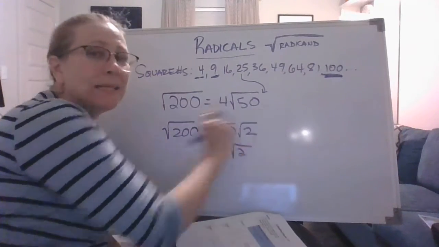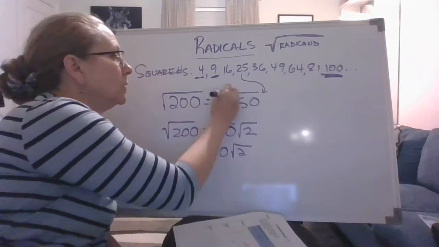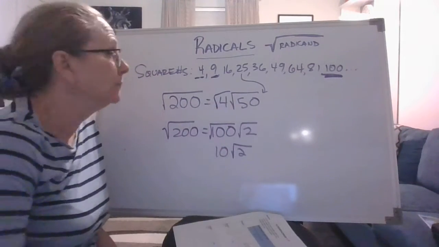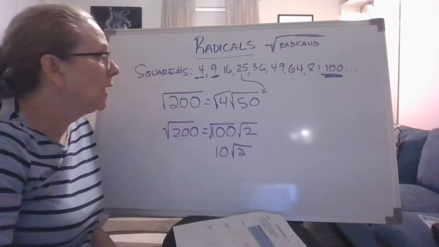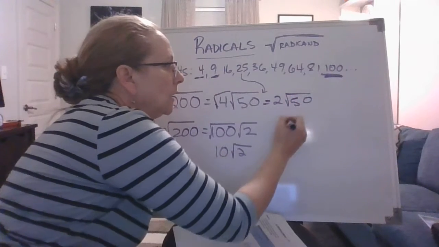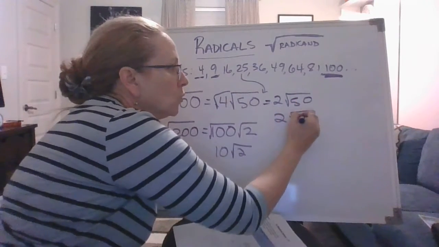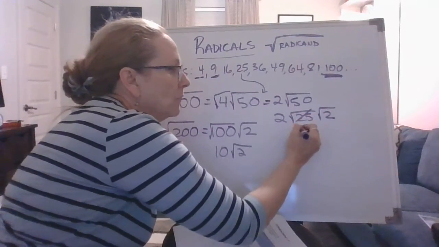Now, I'm not saying you can't take the 4 out first. Excuse me for not putting the radical sign. It is square root of 4 times 50. And it is 2 root 50, but the 50 can be broken down into 25 times 2. So that gives me a 5 here.